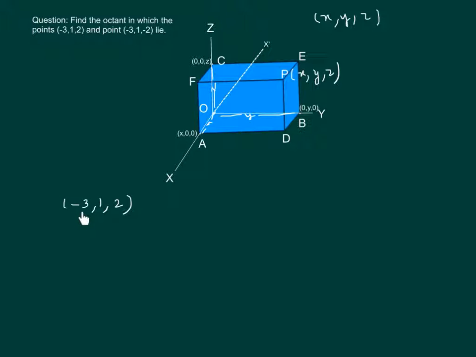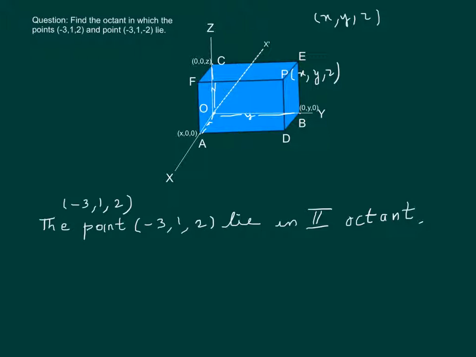Clearly, -3 would mean x coordinate negative, so it has to lie on OX dash. 1 is positive, implies it will lie on the OY axis, and z is also positive, so it has to lie on the OZ axis, implying that this particular point should lie in the second octant.